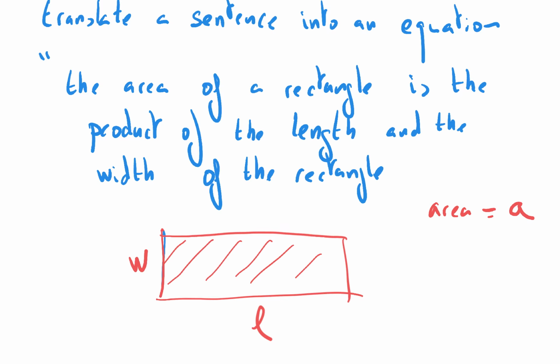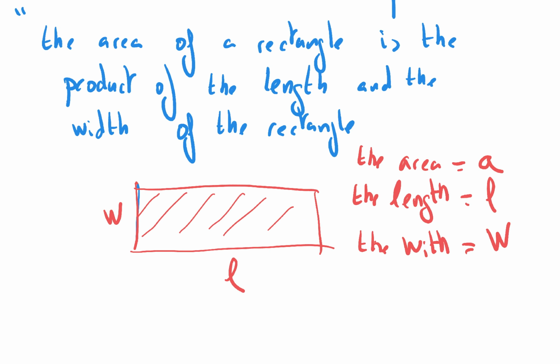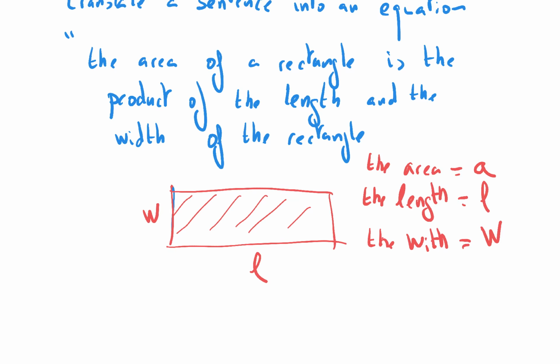So the area is A. The length is L. And the width is W. I have 3 variables: the area, the length, and the width. And it says, write the equation. Okay, let's read the sentence.